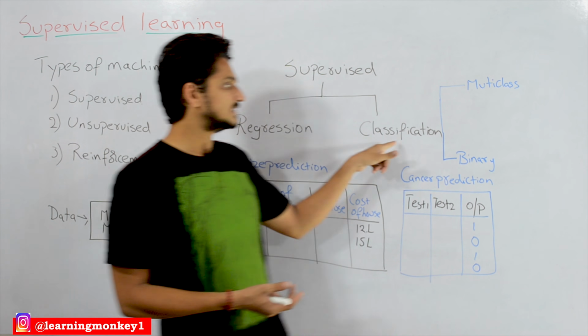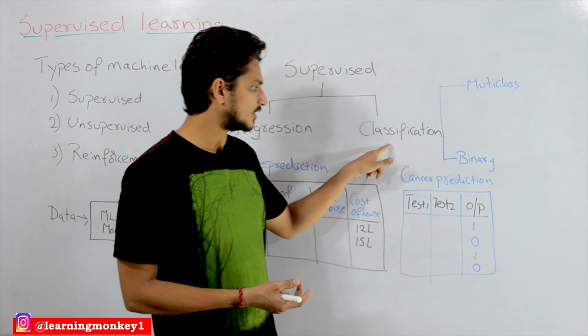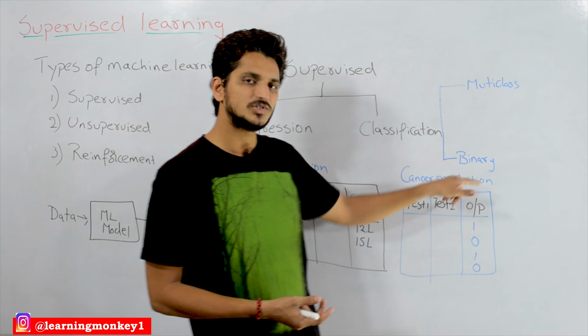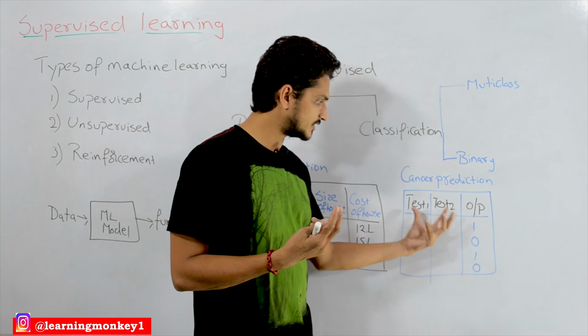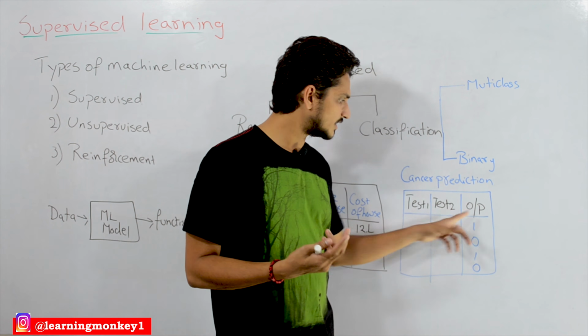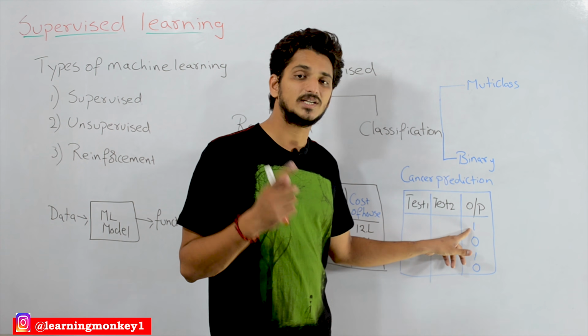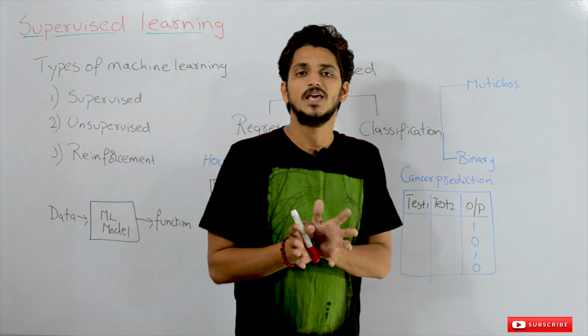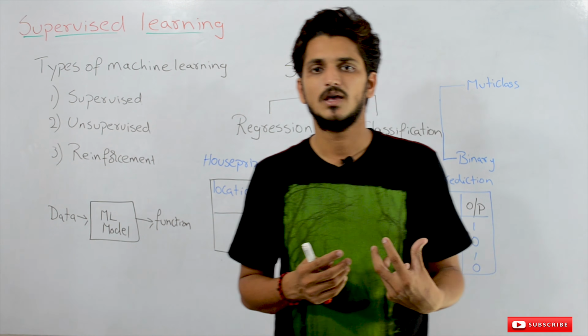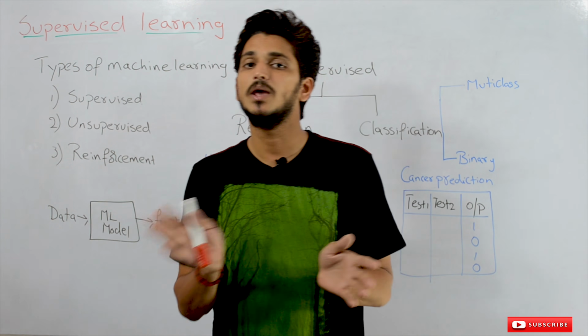So coming to classification models. Take this example, a cancer prediction data set. They are taking 2 tests. These tests are taken as input and the output is 1 or 0. 1 means the patient has cancer. 0 means the patient does not have cancer. Here the output may be 1, it may be 0.